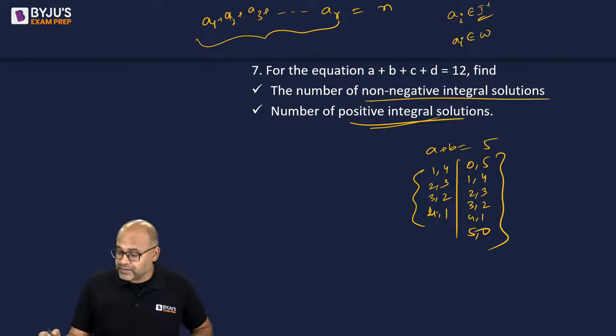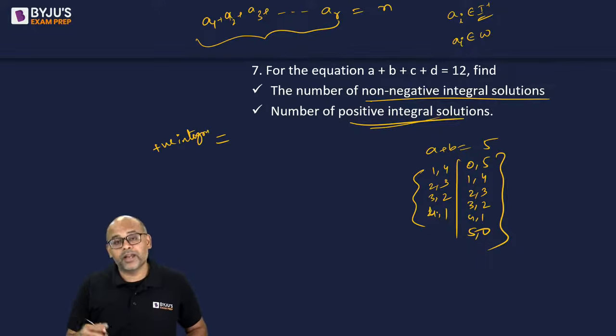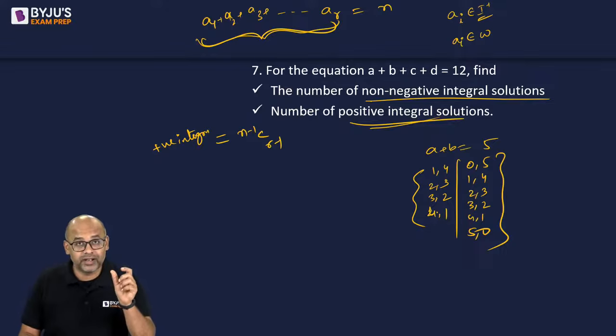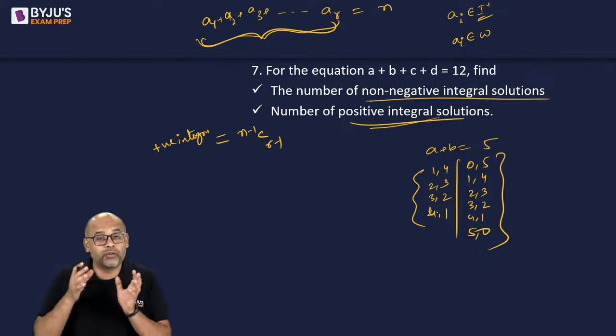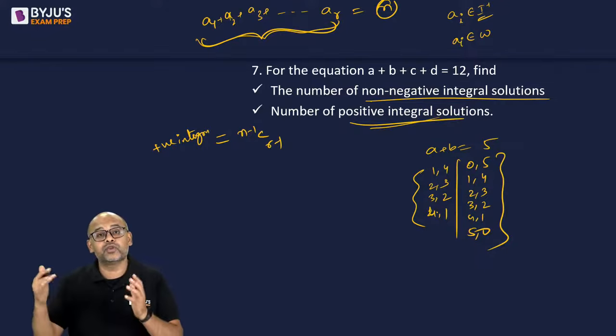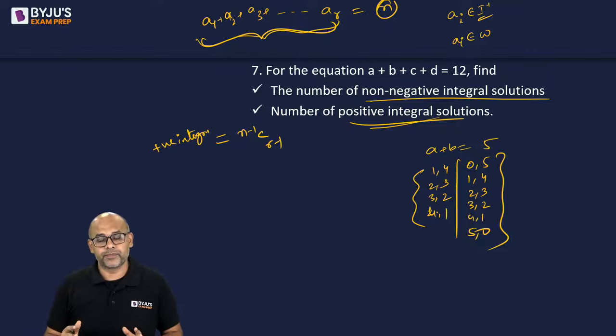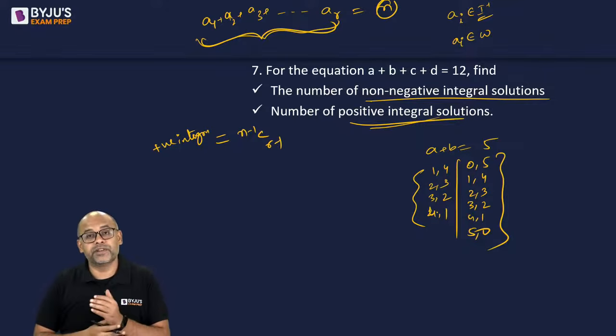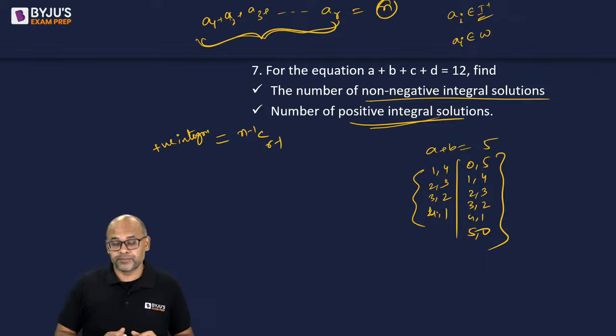The formula says for positive integral solutions, the formula is n minus 1 C r minus 1, where r is the number of numbers, and n is the total adding up to. This is the case of positive integral solutions, that is, natural numbers.